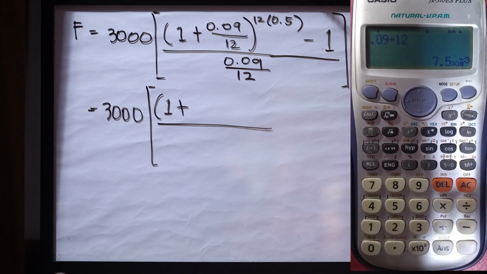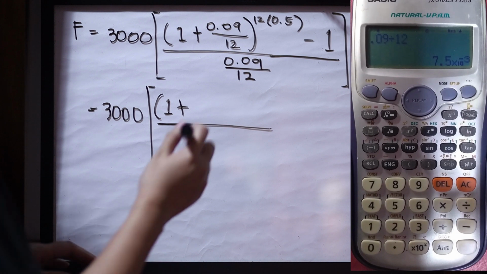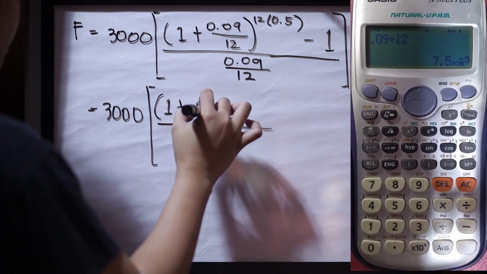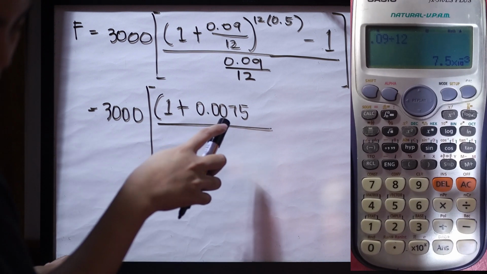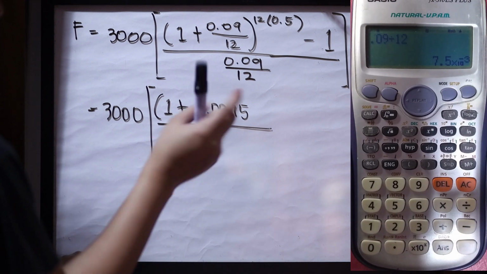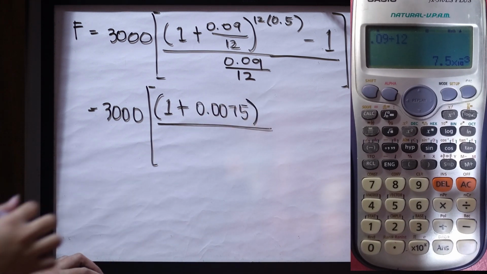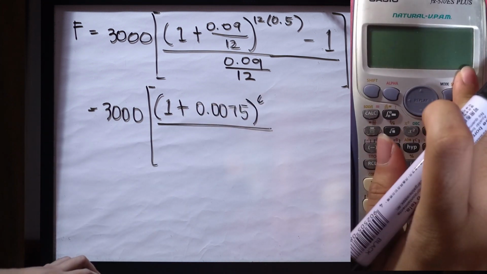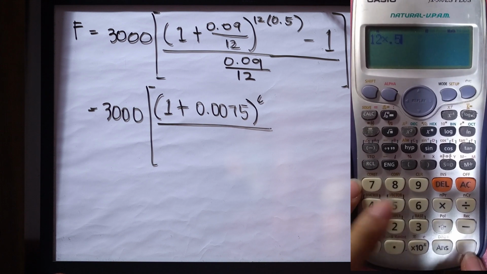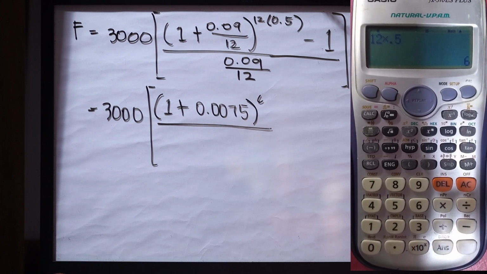The answer is 7.5 times 10 raised to negative 3, or yan ay 0.0075. Tama ba ako? 7.5 tapos 1, 2, 3. O, tama. Tapos, raised to 12 times 0.5. We all know that that is 6. Or kaya naman use your calculator: 12 times 0.5, the answer is 6.